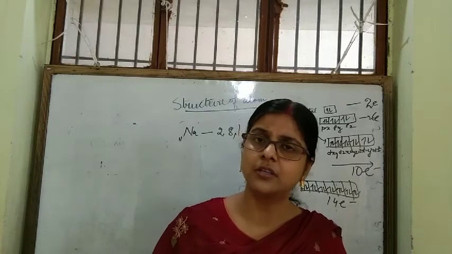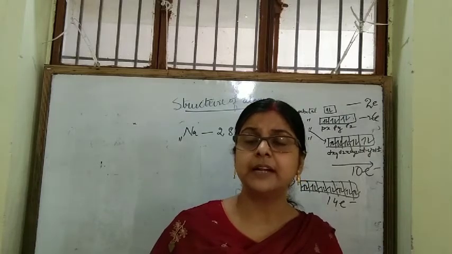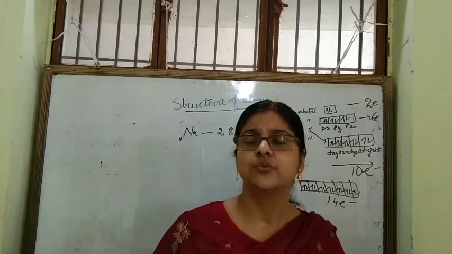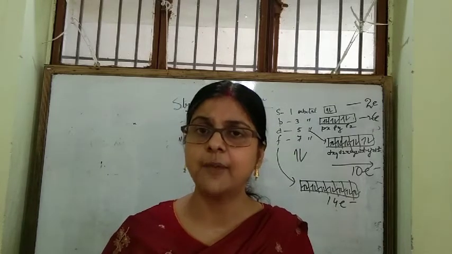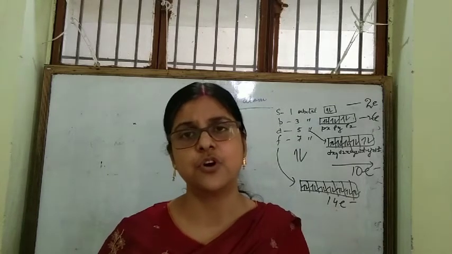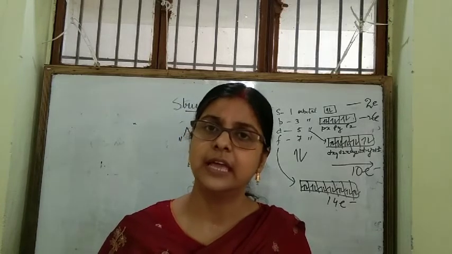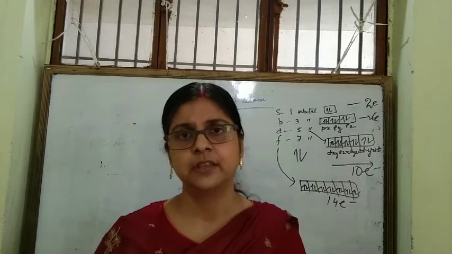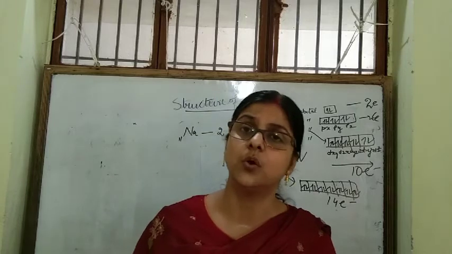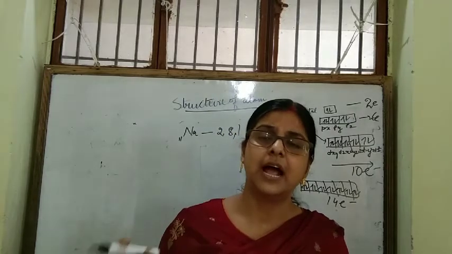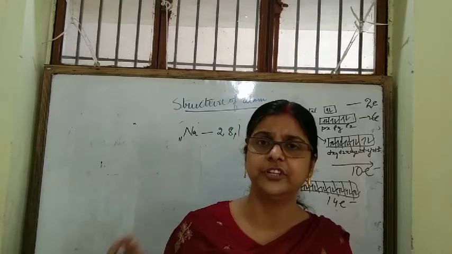So the electrons are filled up from the orbital which has least energy to the orbital which has highest energy. So first, the orbitals which have lower energy are filled up, and then the orbitals which have higher energy are filled up.